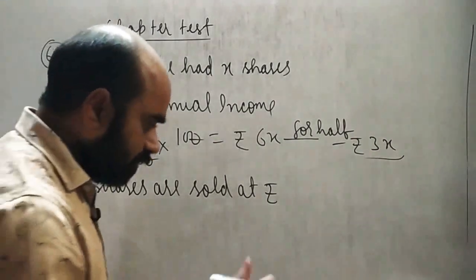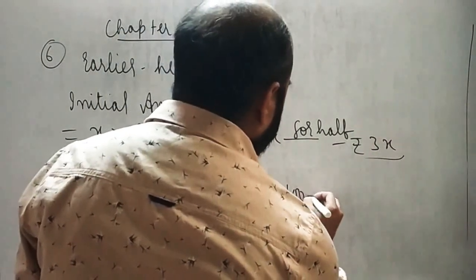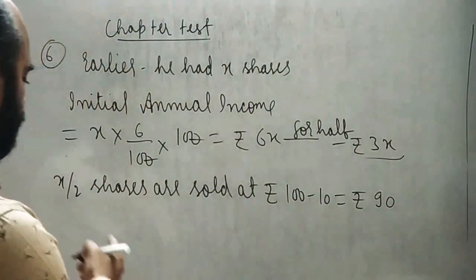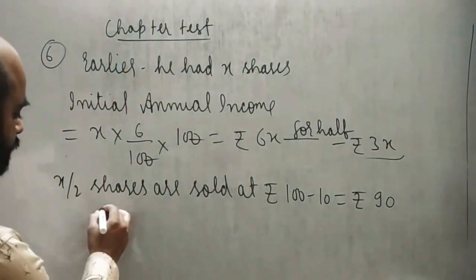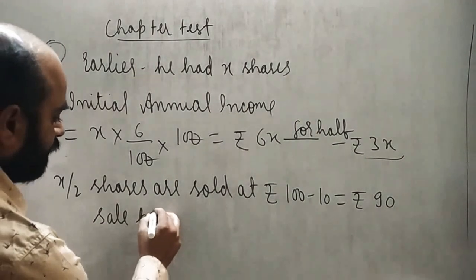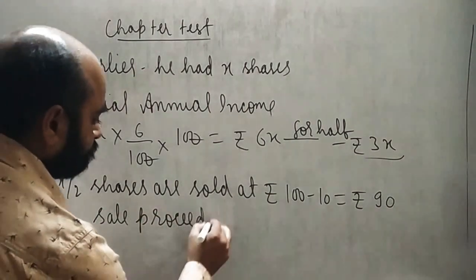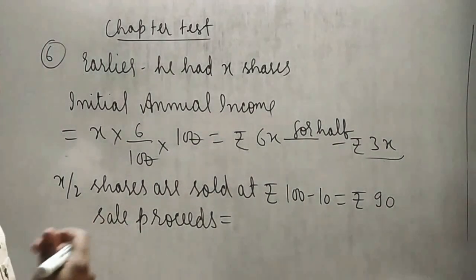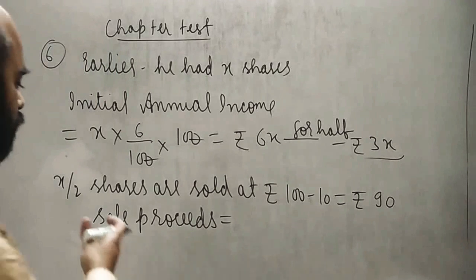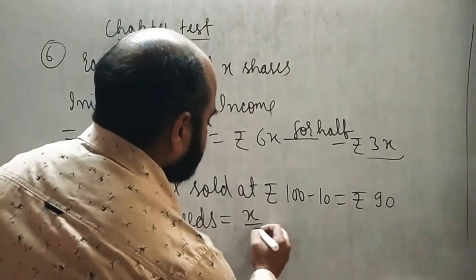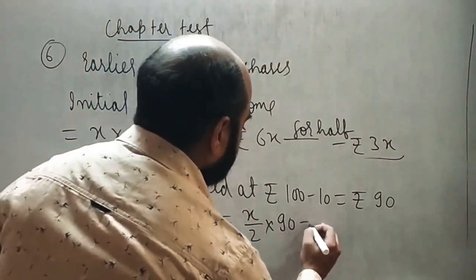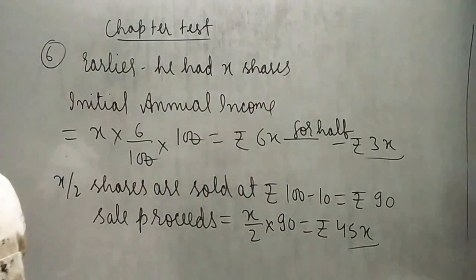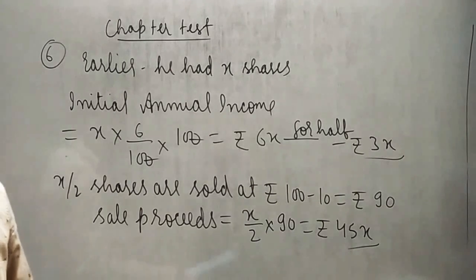Discount of 10% means 100 minus 10, that is ₹90. So what is the sale proceeds? Whenever we are selling the shares, we get some amount after selling. X by 2 into 90, so that will give ₹45x, correct? So that will give the sale proceeds.